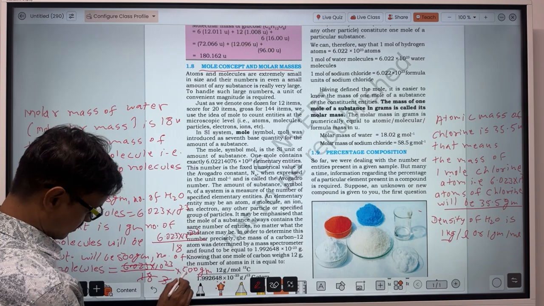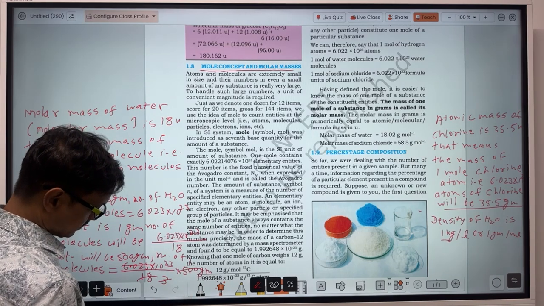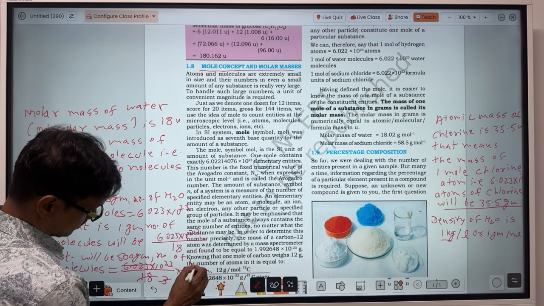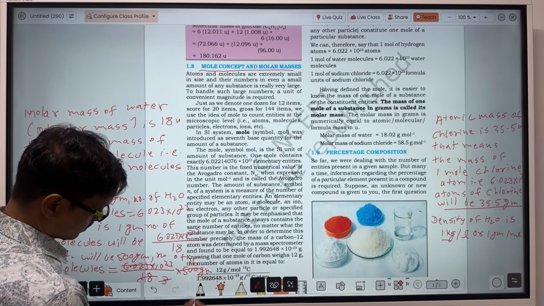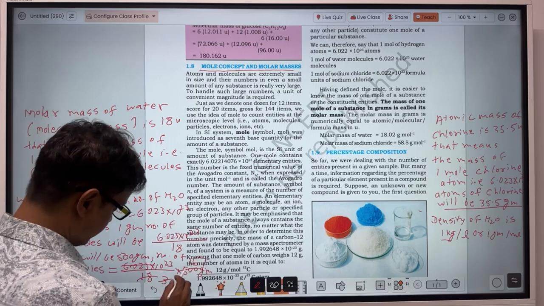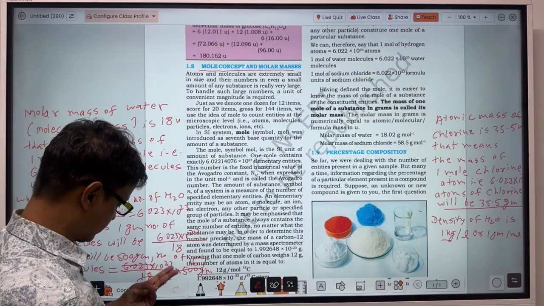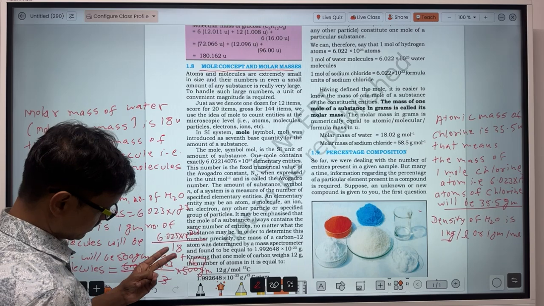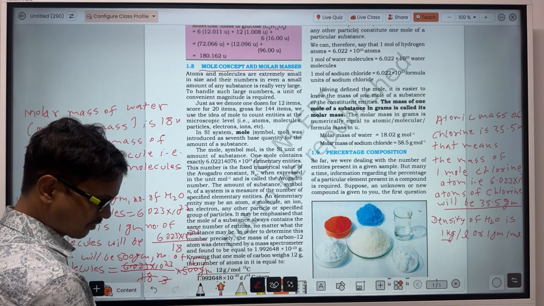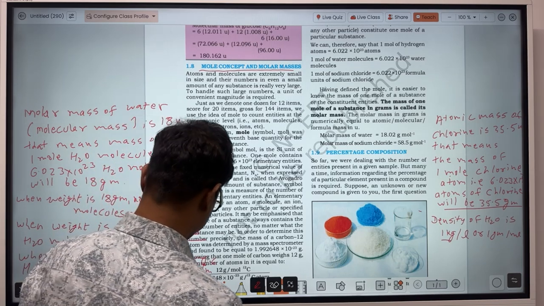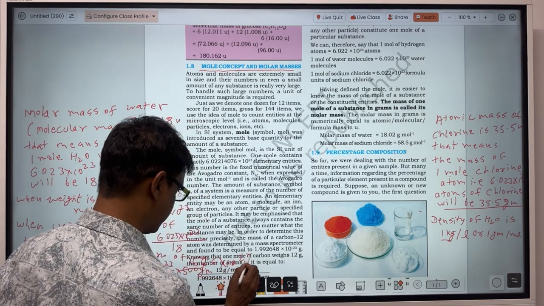Now 3 1s are 3, carry 1, 3 6s are 18, and so on. Approximately 167 or 166.66. So that will be into 10 power 23.